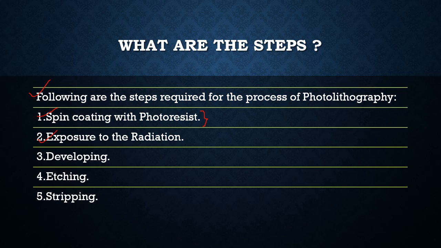Then exposure of that pattern to radiation, that is UV light. And then we develop those patterns. An etching process is used, and then stripping.